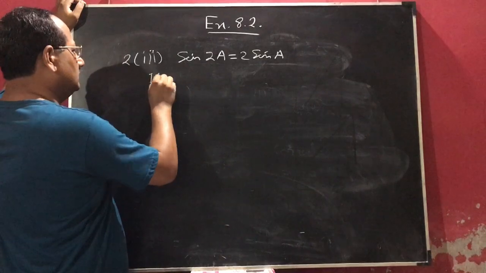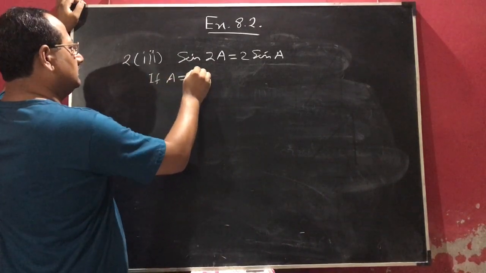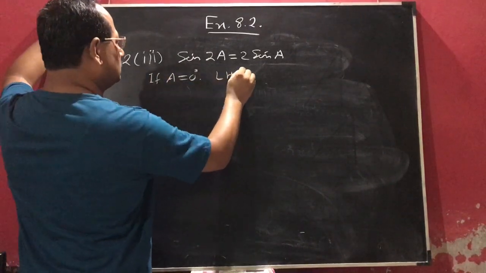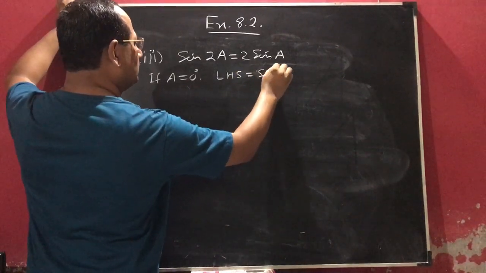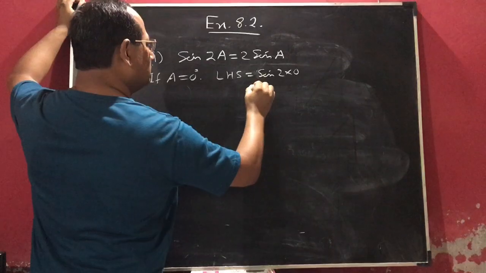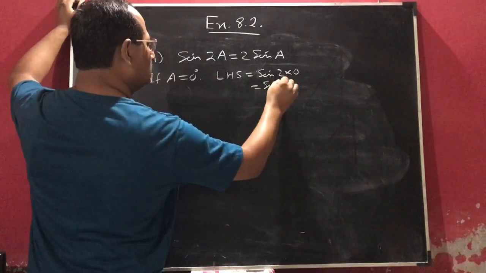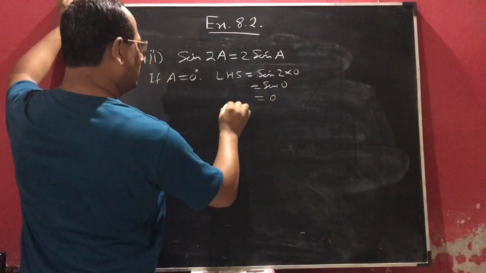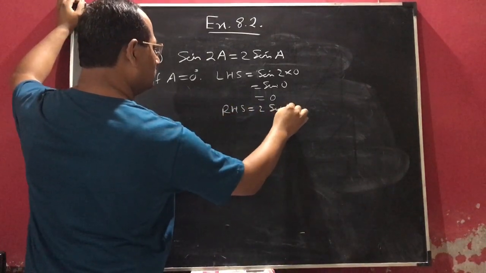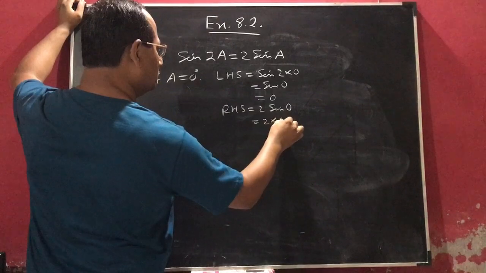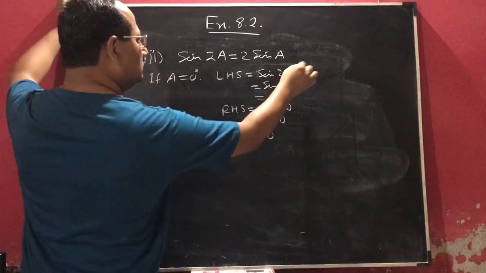If A equal to 0 degree, then left hand side equal to sine of 2 into 0, that is sine of 0, that is equal to 0, and right hand side equal to 2 into sine 0, that is 2 into 0, that is equal to 0.